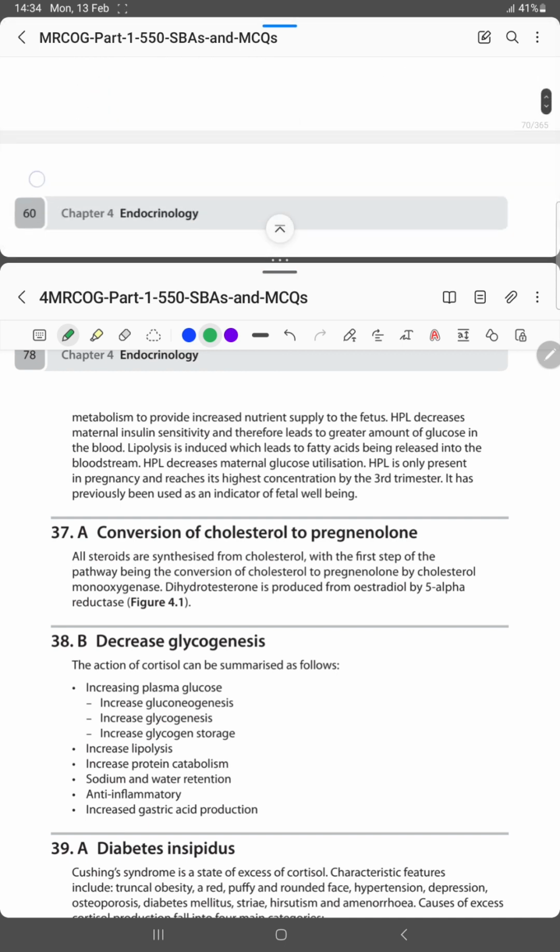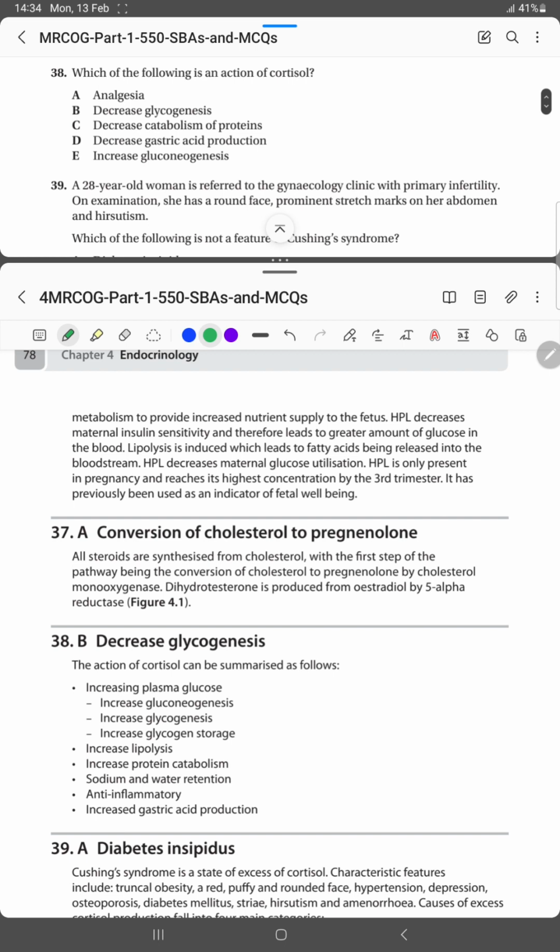Now let's move towards the next question. Which of the following is an action of cortisol? Like how cortisol is going to act. The actions of cortisol are summarized: they increase plasma glucose levels because of increased gluconeogenesis and increased glycogen storage.